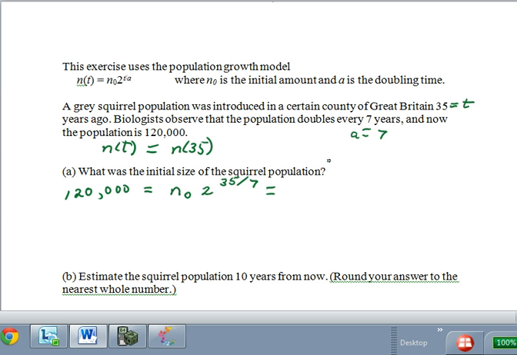And 35 divided by 7 is 5. 2 to the 5th is 32. So 32 n sub 0.